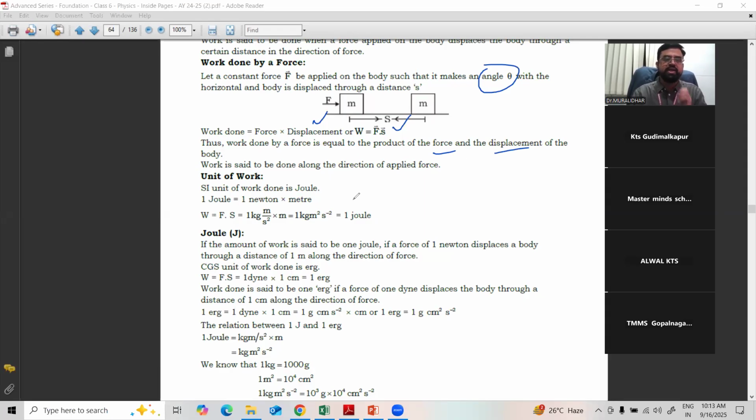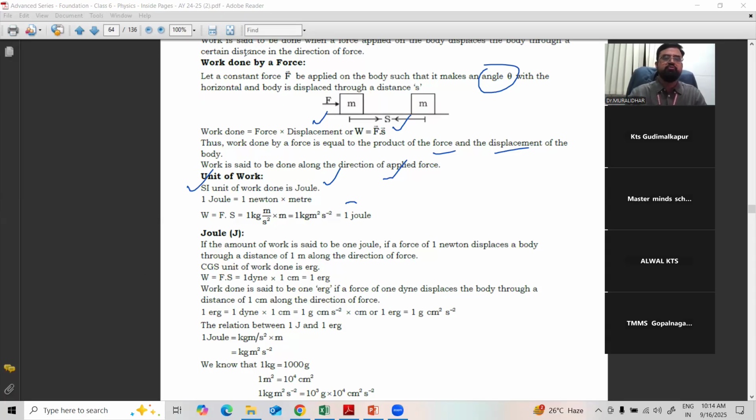That is, work is said to be done along the direction of the applied force. Whichever direction you are applying the force, in the same direction the body is moving along the direction of force. So the SI unit is joule, that is Newton meter. W is equal to F into S. The joule is named after the scientist.